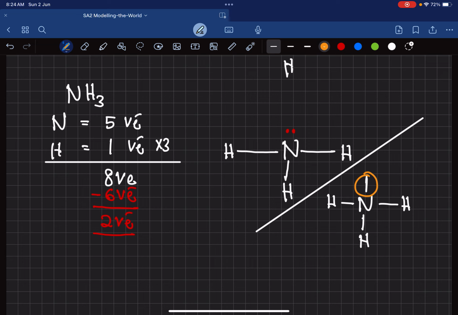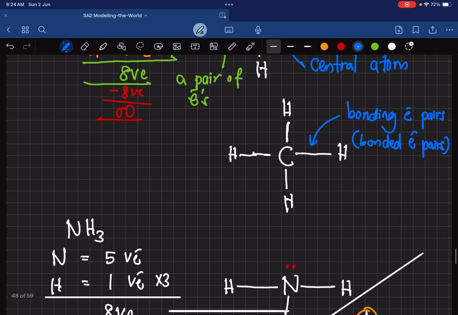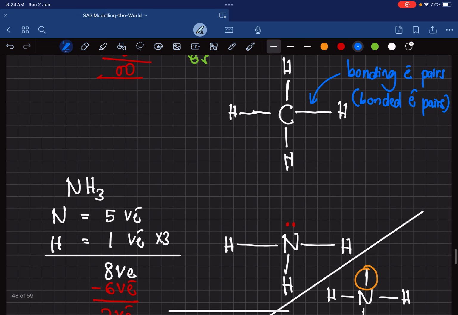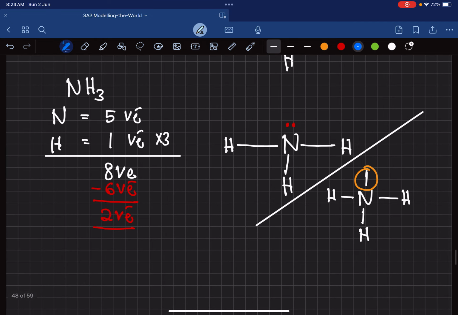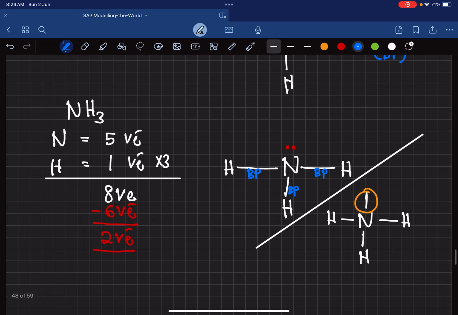So earlier I told you these were bonded pairs, right? I'm just going to abbreviate this as BP. Here, these are all bonded pairs. These are electron pairs which are bonded to two different atoms. Up here, this is something new: we have non-bonded pairs, which are also known as lone pairs.